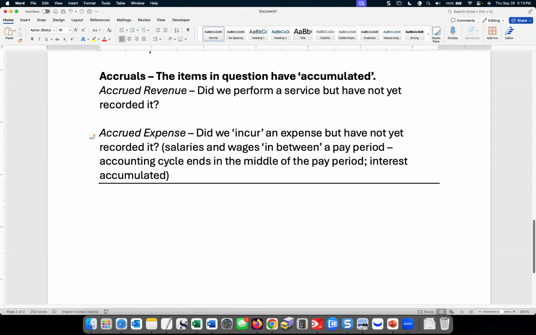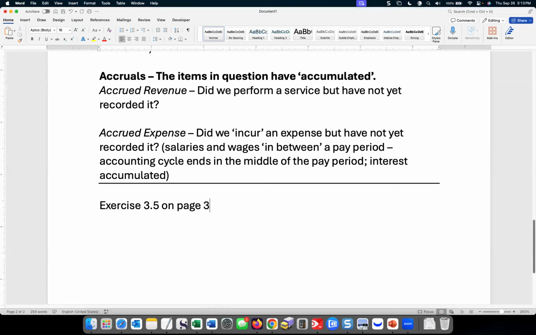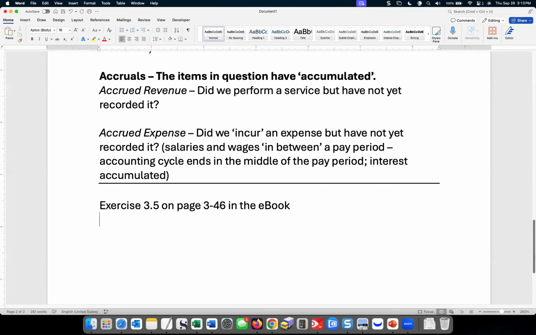So this would be exercise 3.5 on page 3-46 in the ebook, and we'll give an ebook page so you have a point of reference. And I misspelled ebook. Oh, they want it with a capital B. Gotcha. All right.